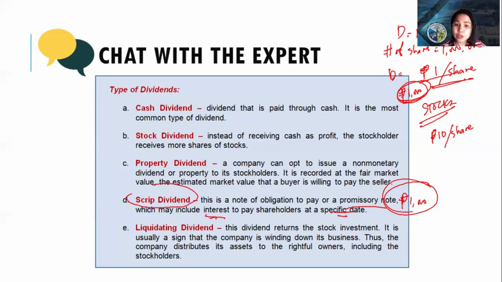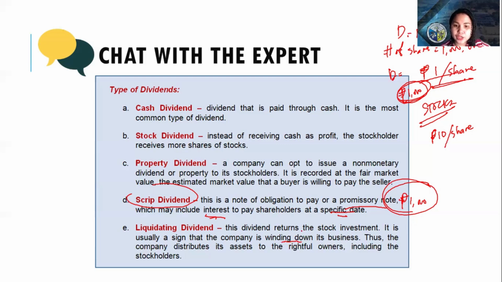The next is the liquidating dividend. This dividend returns the stock investment. It is usually a sign that the company is winding down its business. Thus, the company distributes its asset to rightful owners, including the stockholders. So it means that the company is palugi. So what will happen?